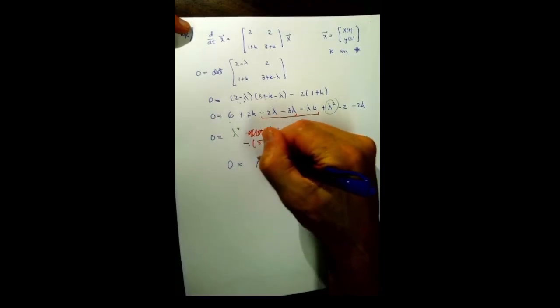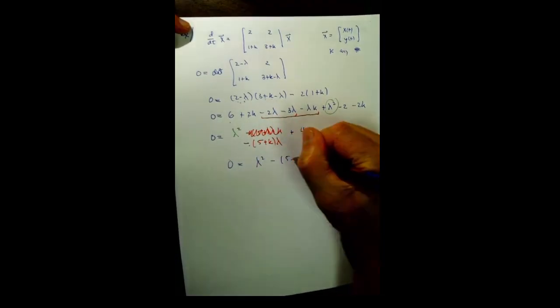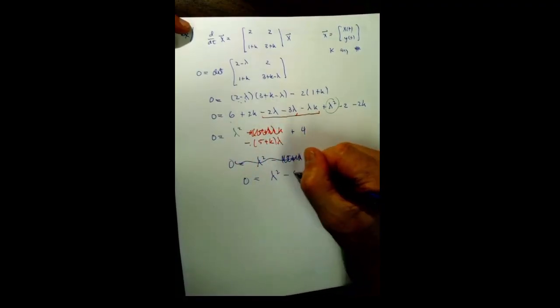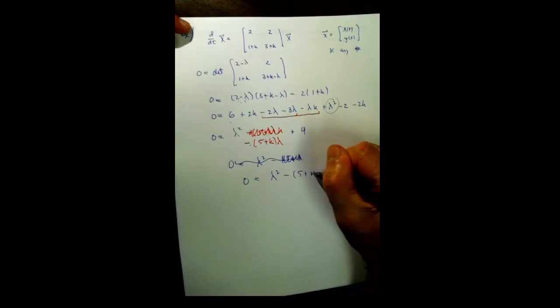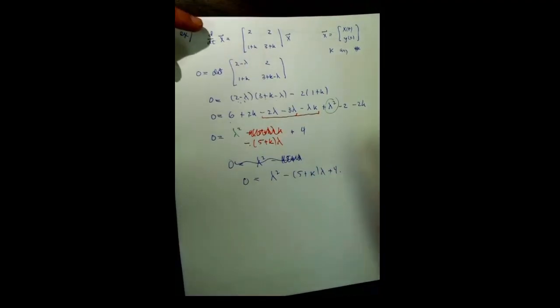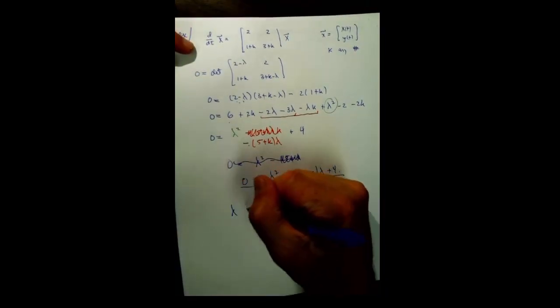So let me rewrite that. 0 equals lambda squared minus (5 plus k) lambda plus 4. All right, so I've got to solve that for lambda again. I don't know what k is, so I'm not going to mess around.